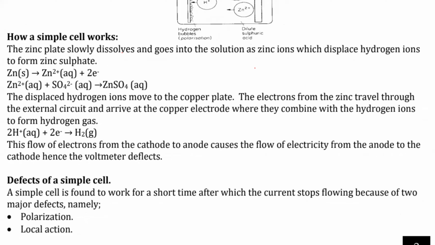One is called polarization, and the other is called local action. We are going to talk about those two defects, and I think that is where our lesson will stop according to the time that we have.